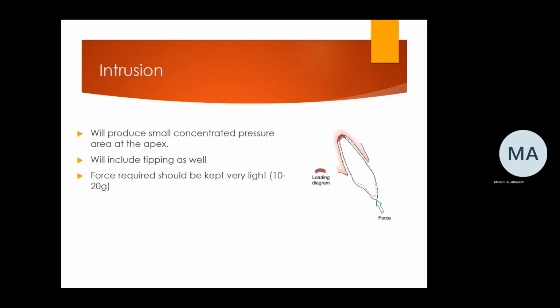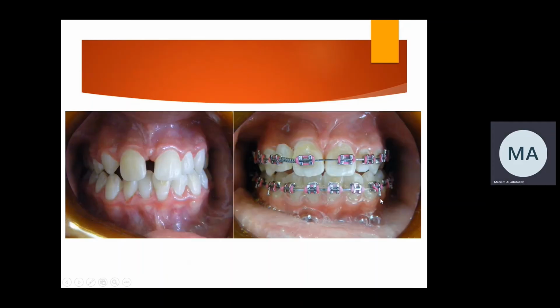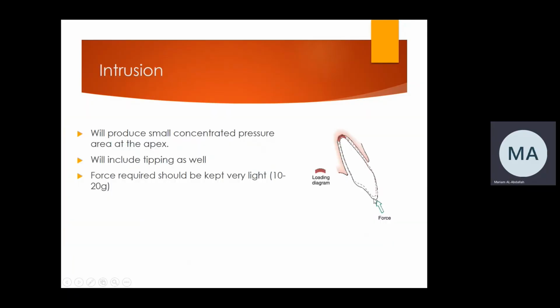Intrusion, if you go for perfect, beautiful intrusion along the long axis of the tooth, then the only area that will be stressed and compressed is the root apex, okay? And so this small area will require gentle force in order to produce this tooth movement with minimal consequences of root resorption, pain, and other problems.